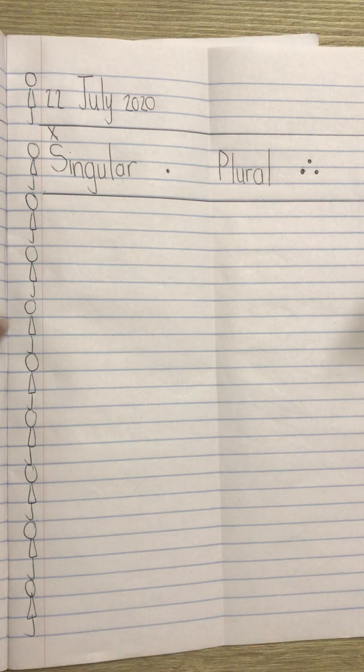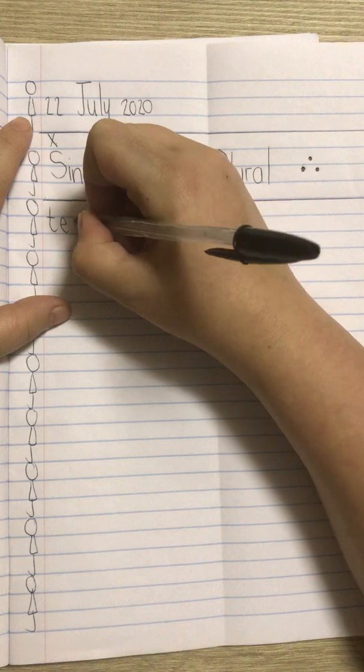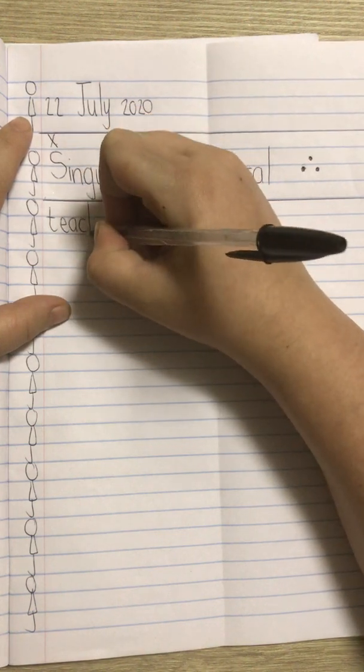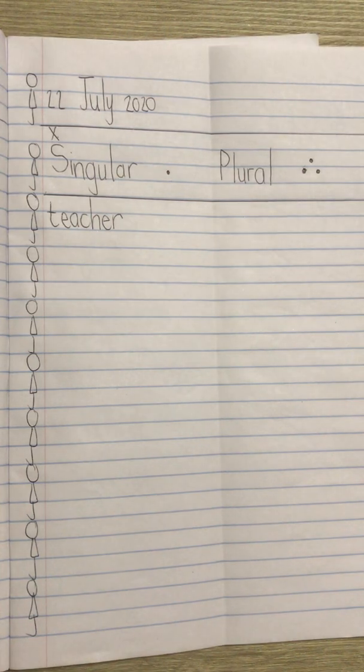Let's do teacher. Why not? Teacher. That's a person. And the common noun rule says you only add an S. So go ahead and write the plural of teacher. One teacher, many.